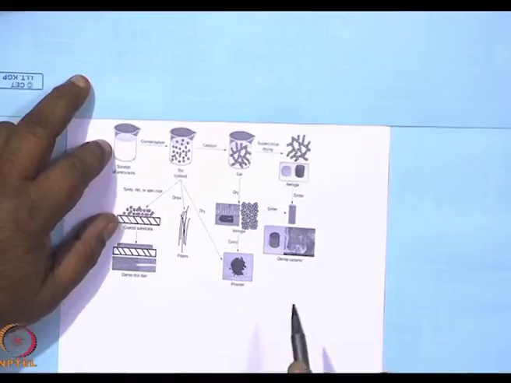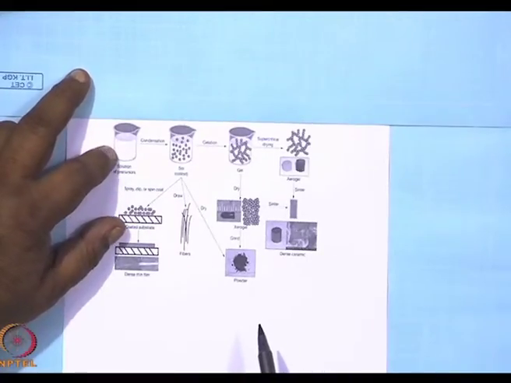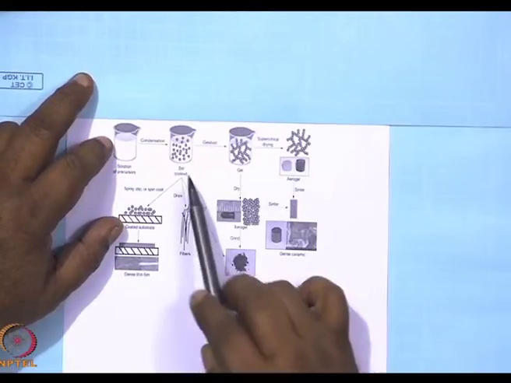We come today to uses of alkoxide in processing. Before I start, let me have a recap of what we did earlier. We had an alkoxide-based solution where a sol was formed.